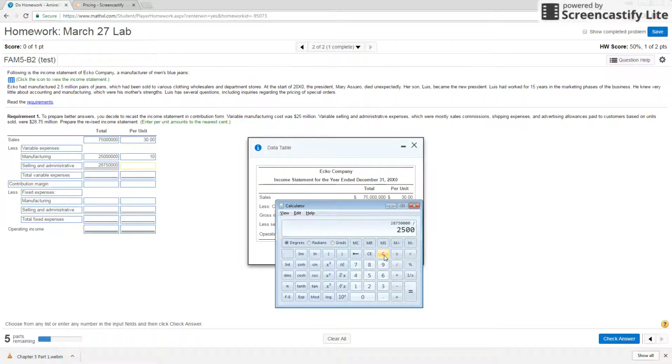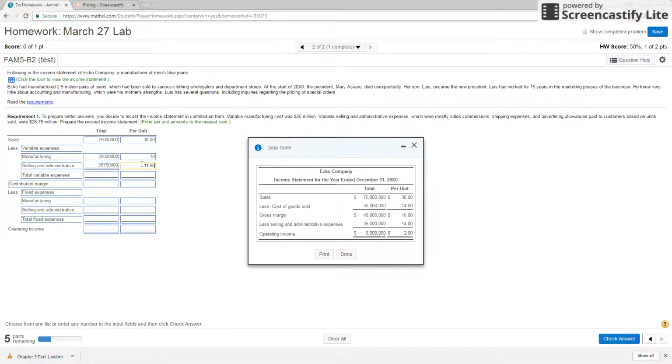28,750,000 divided by 2.5 million, it's $11.50.